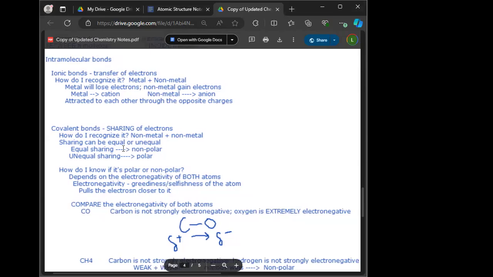Okay, so if it's equal sharing between the nonmetals, then that's called nonpolar. And then if it's unequal sharing between the two nonmetals, then that's called polar.